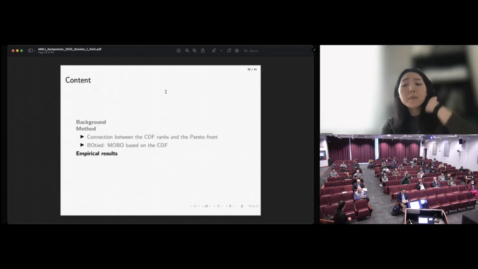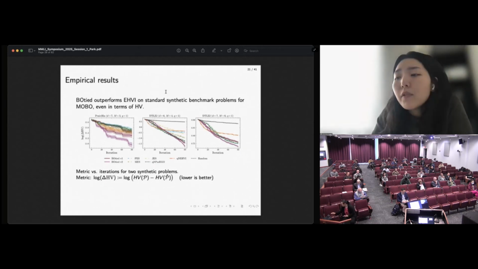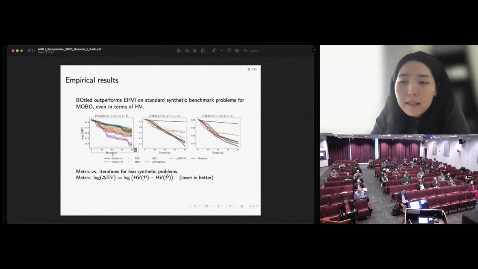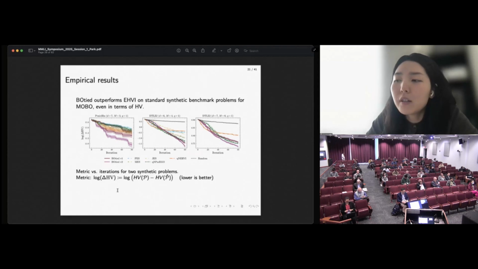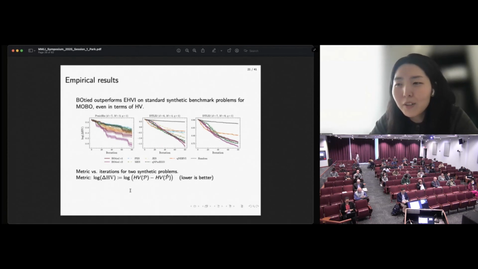Now moving on to the experiments, BOtied outperforms existing acquisition functions even when evaluated by the HV metric. Here, the x-axis is the iteration number, and the y-axis is a symlog transformation of HV. It's basically the log of the difference from the ground truth Pareto front, such that lower is better. So lower is better for the y-axis.